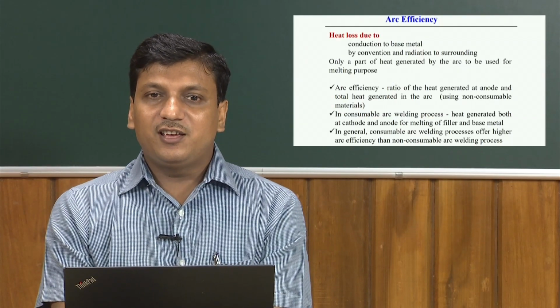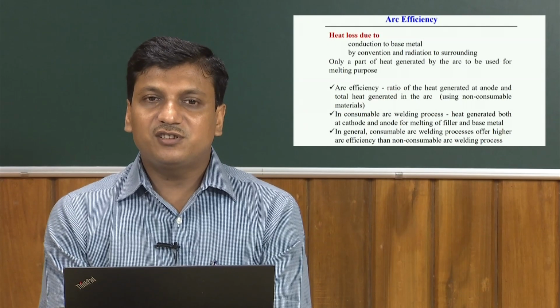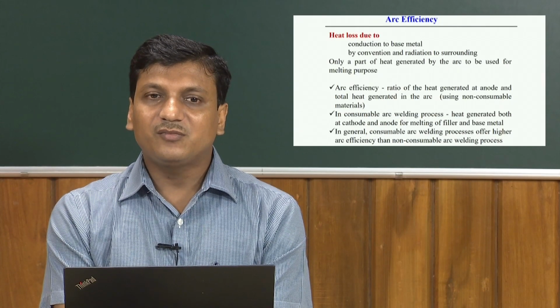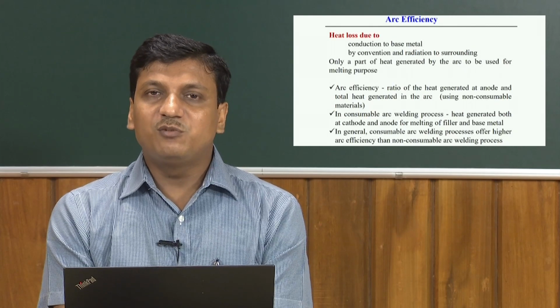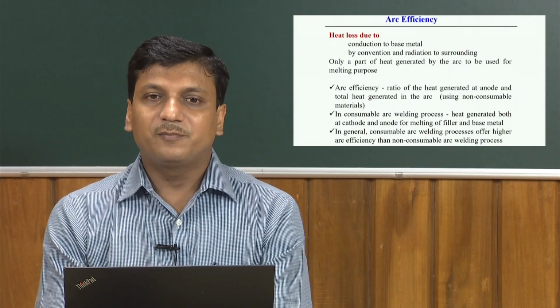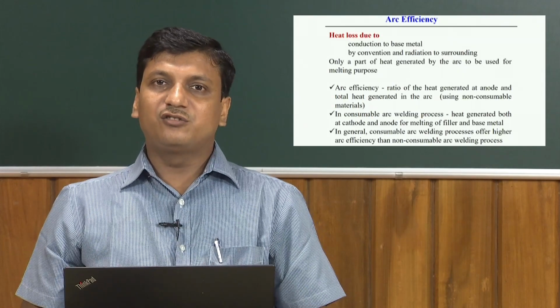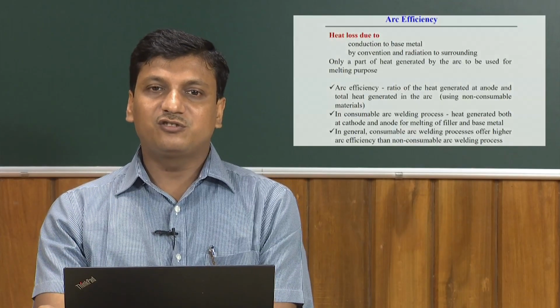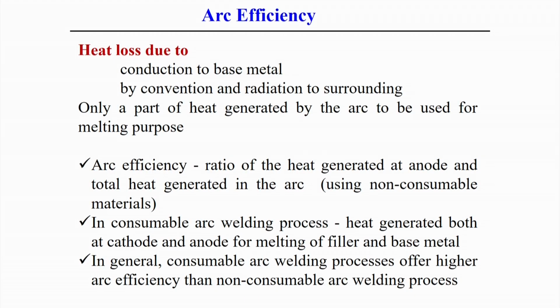In that sense, the arc efficiency will probably be higher in this case. In general, the consumable arc welding process offers higher arc efficiency than the non-consumable arc welding processes.